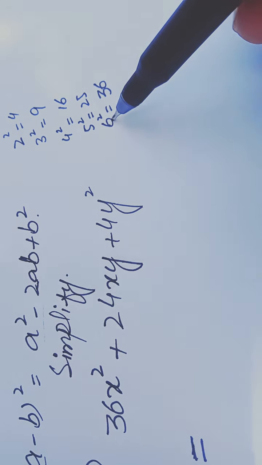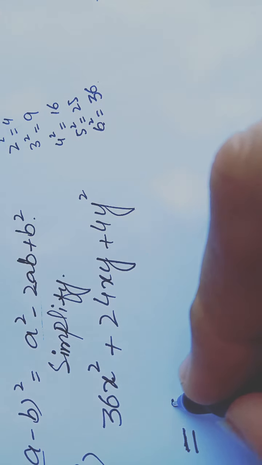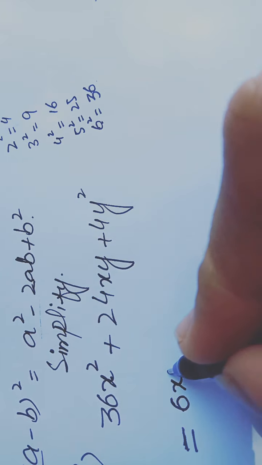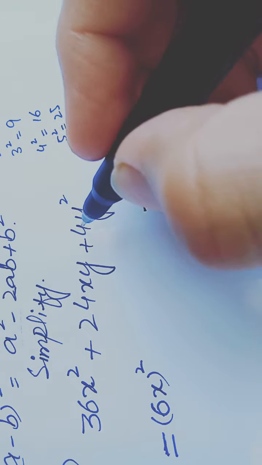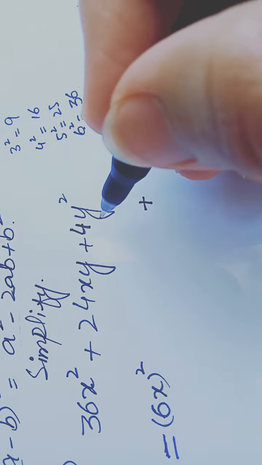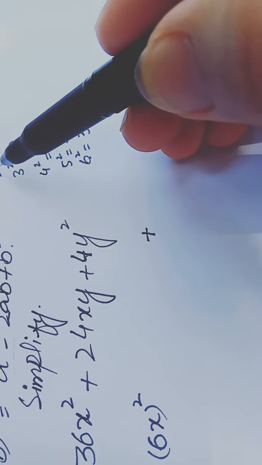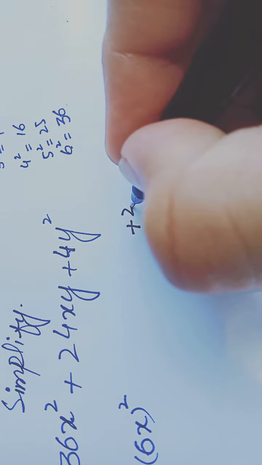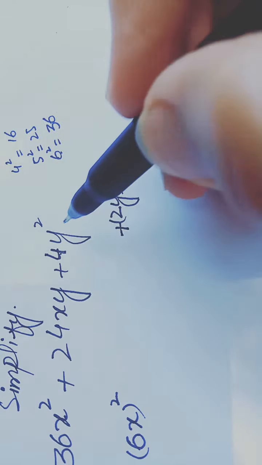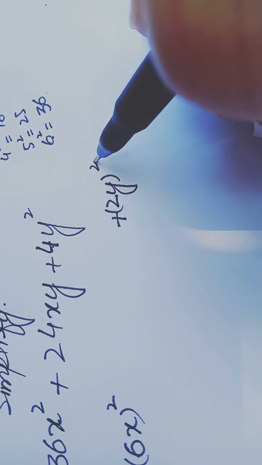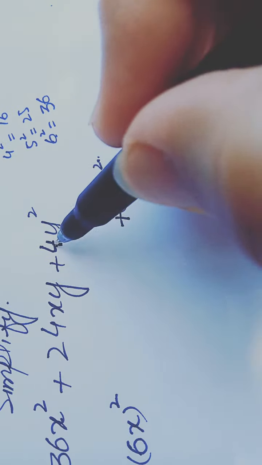So you can write 36x square as 6x whole square. Now come to the last term. 4 is the square of which digit? 2 square. So you can write 4y square as 2y whole square.